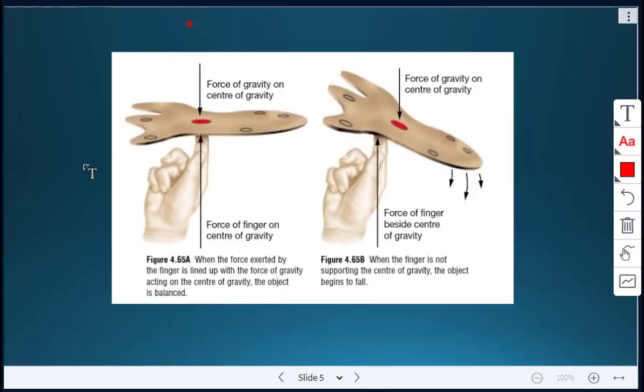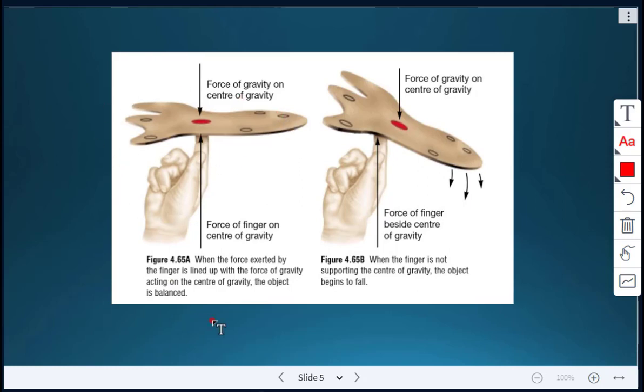So in this diagram here, we have this object, the force of gravity on the center of gravity, and then the person's finger exerts a force on the center of gravity. When the force exerted by the finger is lined up with the force of gravity acting on the center of gravity, this object is balanced.